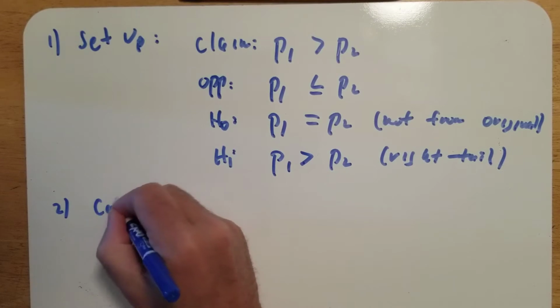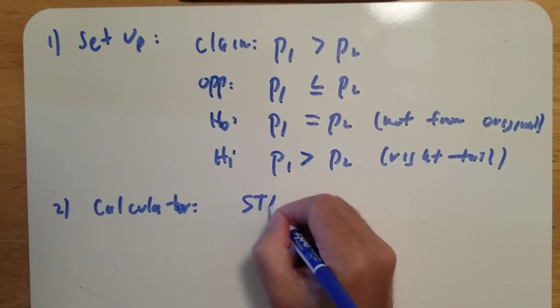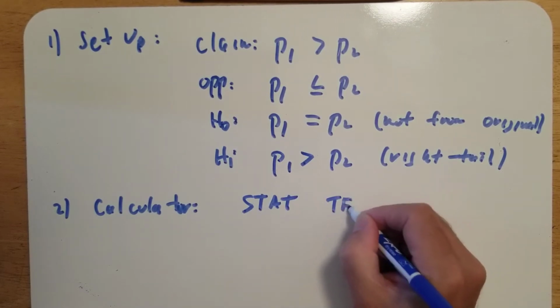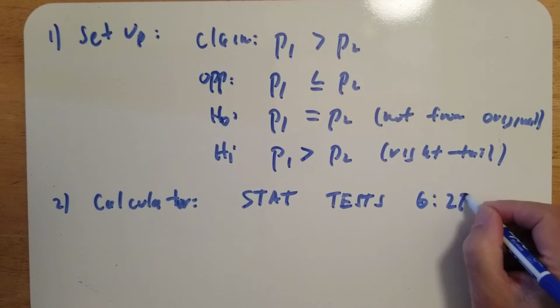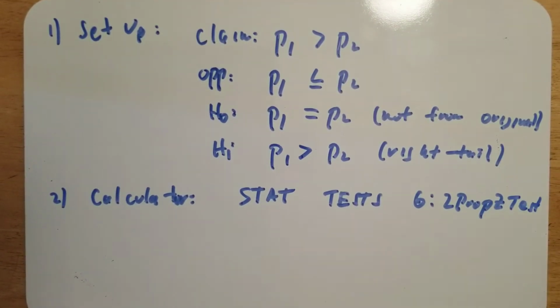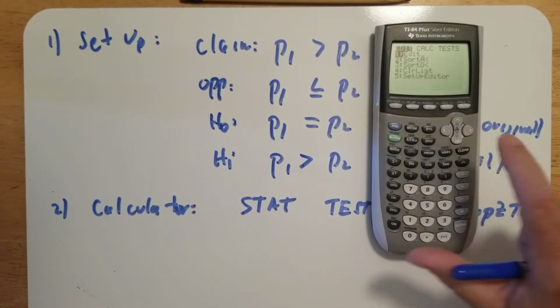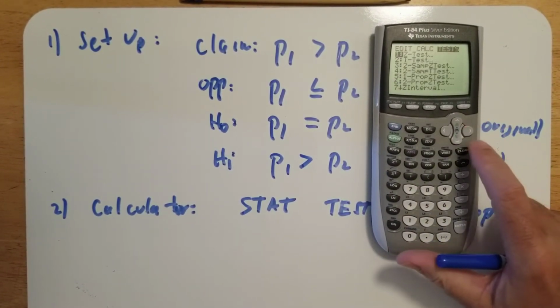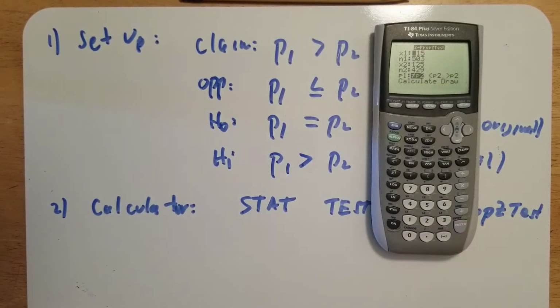Then on the calculator, I'm going to STAT, TESTS, and number 6 is 2-PropZTest.